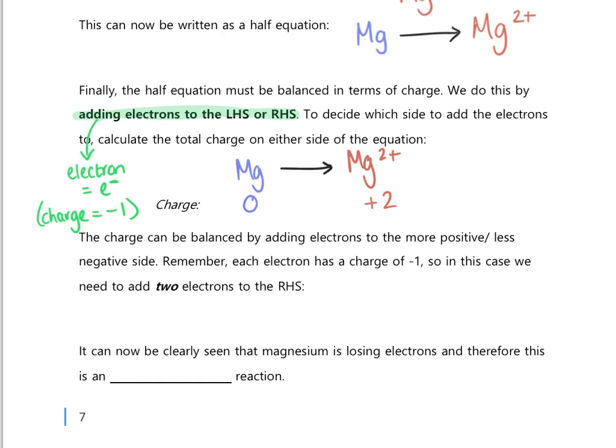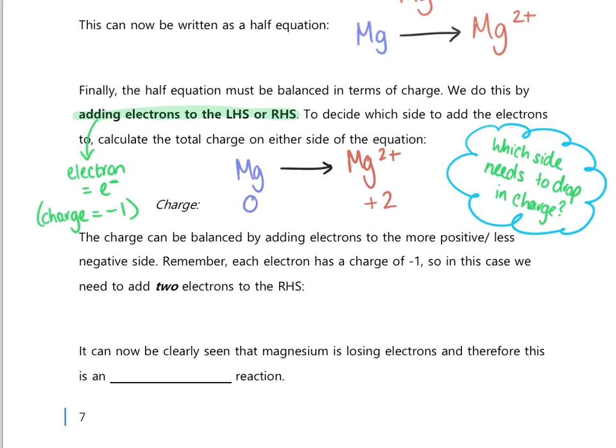So you're asking yourself which side needs to drop in charge. When you're deciding which side of the equation to write your electrons on, you're thinking which side needs to drop in charge, because we need these charges to match. If, for example, I was to put the electrons on the left hand side, the charge would go down and down and down as I add electrons, and that would just come further and further away from +2. So you can see that actually I need to add electrons to the right hand side to bring them down. So I'm writing what I already had, Mg arrow Mg2+, and then I'm writing plus electron on the right hand side.